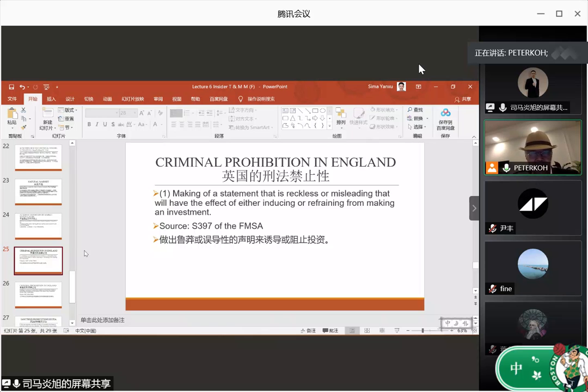So this is the standard for criminal proceedings to take place in England. That is when market abuse will be punished as a criminal offense. So the making of a statement that is reckless or misleading that will have the effect of either inducing or refraining from making an investment.